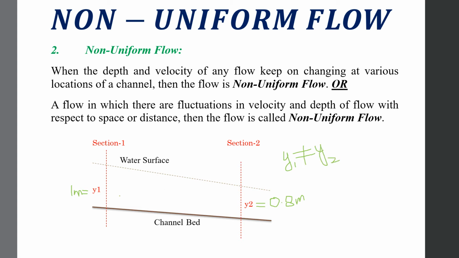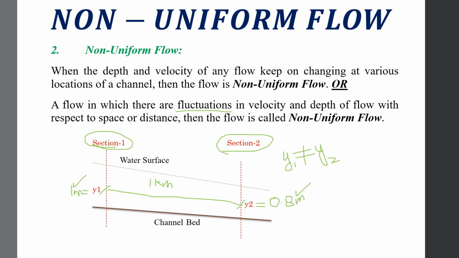It means that at a distance d between these two points, which may be 1 kilometer, the depth of flow changed from 1 meter to 0.8 meters. It means there was a fluctuation, a change in depth.